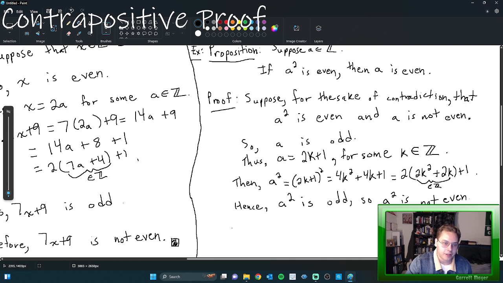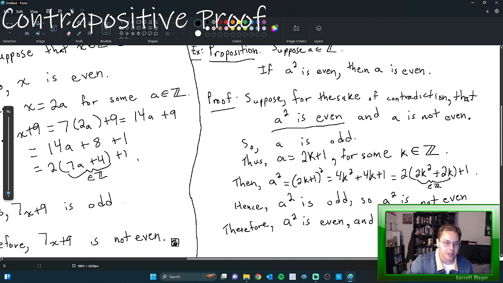Thus we have, therefore, a squared is even and a squared is not even. Because remember from above, we originally assumed that a squared was even, but here we also have that it's not even. This is a contradiction. And that basically ends the proof there.